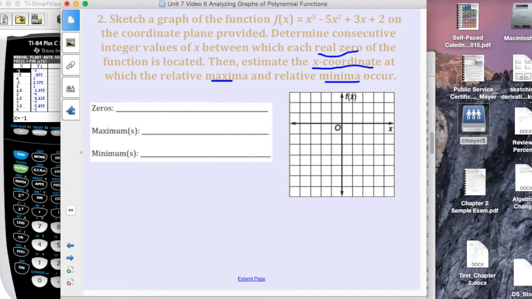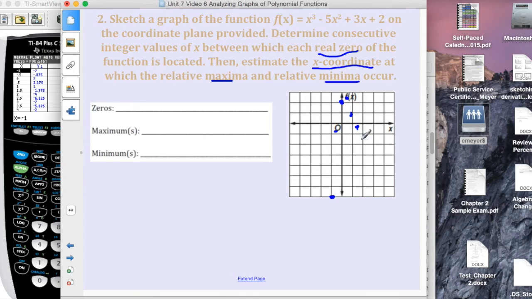So I have -1, -7. -0.5, -8.75, 0, 2, 0.5, 2.375, one is 1, 1.5 is -1.375.